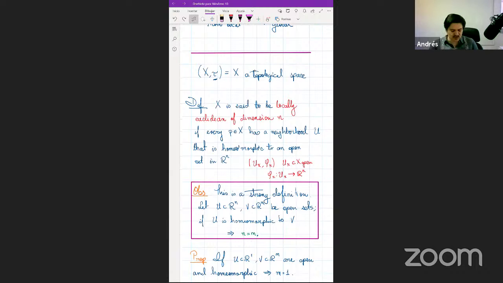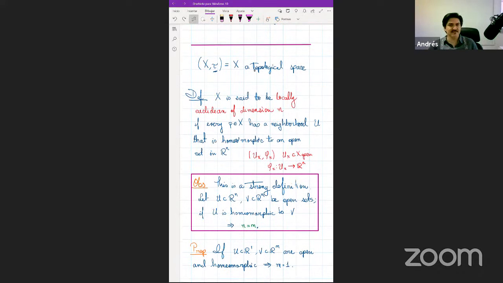So I'm going to assume that n is 1. Okay? So if U and V are homeomorphic and one of them lives in R1, then they must have the same dimension.